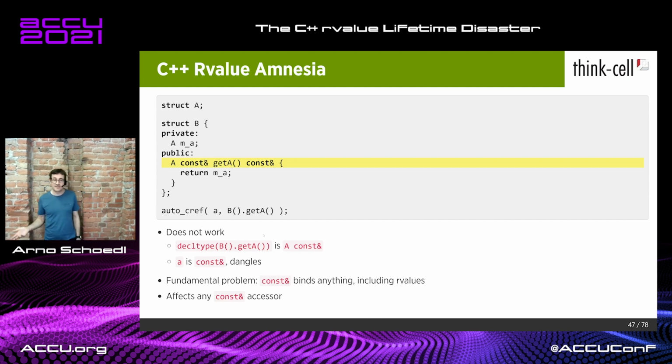You can bind an rvalue to a const reference, and this is really bad, I think, because it will affect any of these accessors which are written with a const qualification, with a const reference. The code is full of this stuff, right? And I think that's a problem.